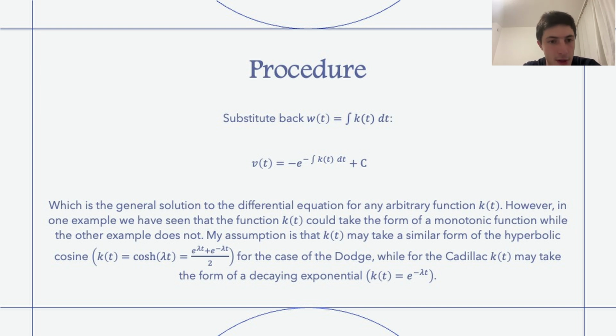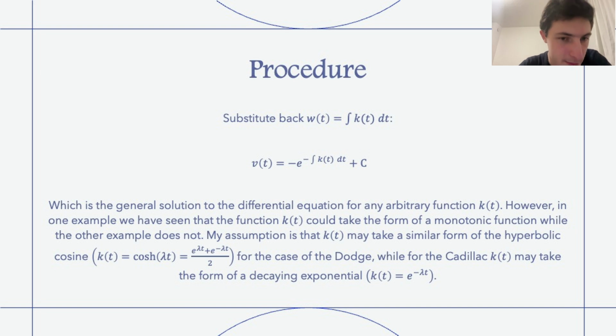However, in the examples that we've seen, the function k of t could take the form of a monotonic function as well as a non-monotonic one. My assumption is that since for the Dodge the value of k of t was sort of a paraboloid, a parabolic function, this function here is the hyperbolic cosine.